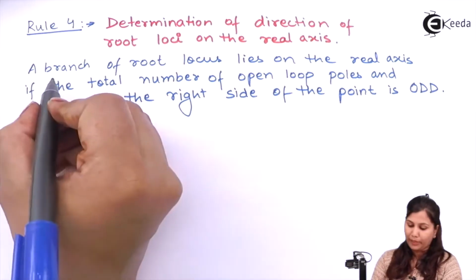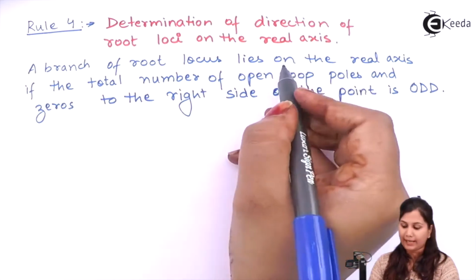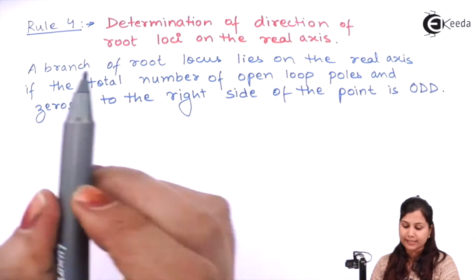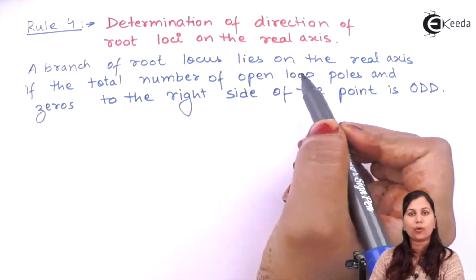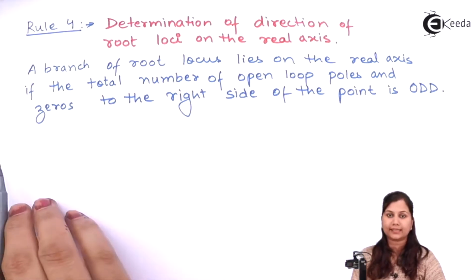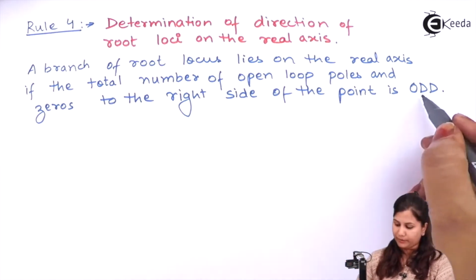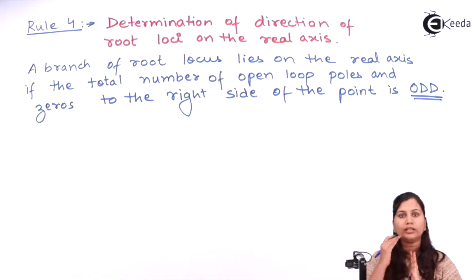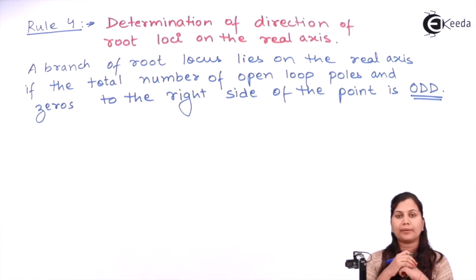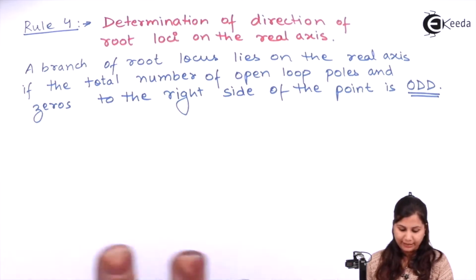So a branch of root locus will lie on the real axis if the total number of open loop poles and zeros to the right hand side of the point is odd. That is, an odd number of poles and zeros are present on the right hand side of that point. Let's take an example so that you can understand it.